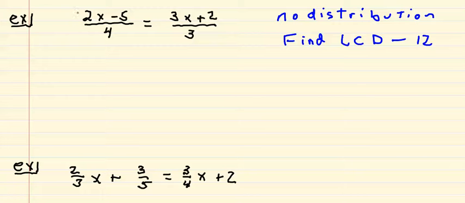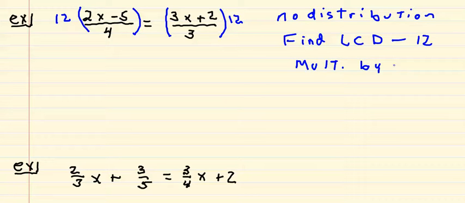So we multiply both sides by 12. So I put it in parentheses, both sides, and we're good to go. So find the least common denominator, multiply by the least common denominator, and we multiply everything, both sides.